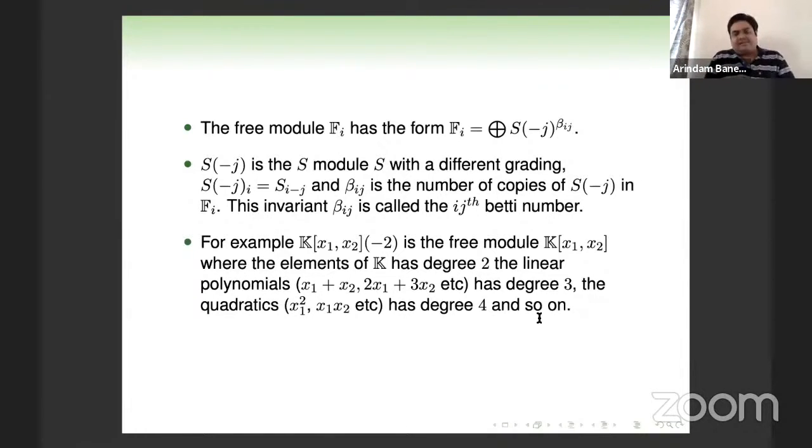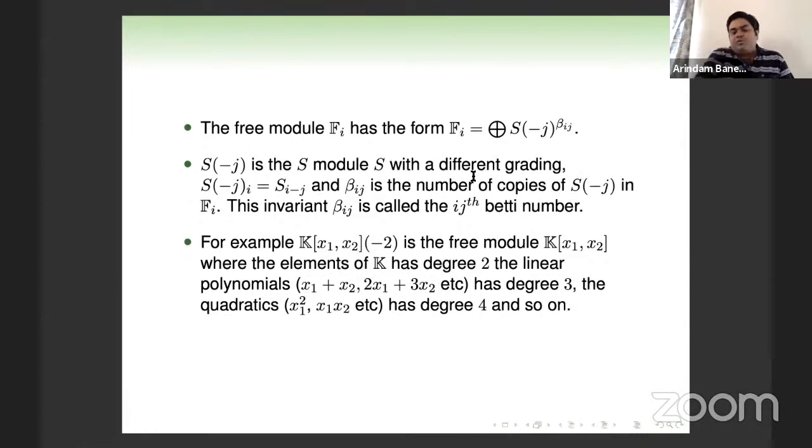Why are you doing this? I agree that this looks artificial and technical, but what you are essentially doing here is developing a mechanism to keep track of the degrees of the generators of the kernel. That's all. What you really want is to list the degrees of the kernel. Now you may ask, why not just keep track of the minimal generators of the kernel? There are benefits of introducing this terminology.